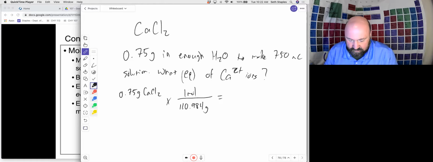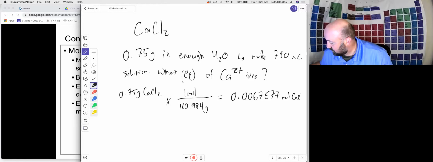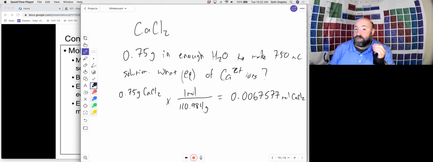I do this calculation out, and I see that I have 0.0067577 moles of CaCl2. You'll note that I pretty much ignored significant figures. You never want to round for significant figures until you're done with the calculation, and we're not done yet, so I'm not rounding this off at this point.